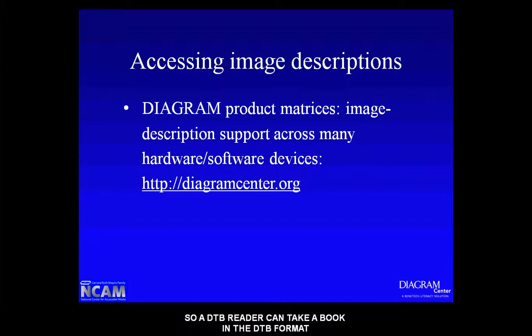So a DTB reader can take a book in the DTB format and read from the XML and use its own text-to-speech engine to convey all the information. Some DTB readers will also play back audio that has been supplied with the book. So instead of doing text-to-speech, it will simply read audio that comes with the book. And some DTB readers can be used by VoiceOver or other screen readers, and some cannot.